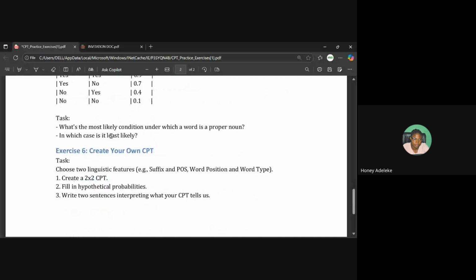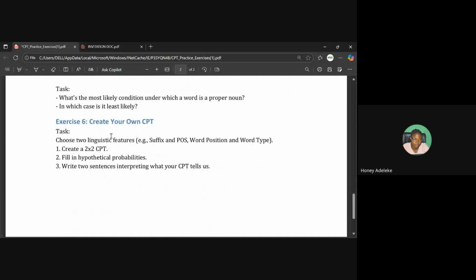Okay, then finally, this is a task that you have to design yourself, and it shouldn't be the same, because it's something you have to think of by yourself. So the question is, choose two linguistic features, suffix and POS, word position and word type.